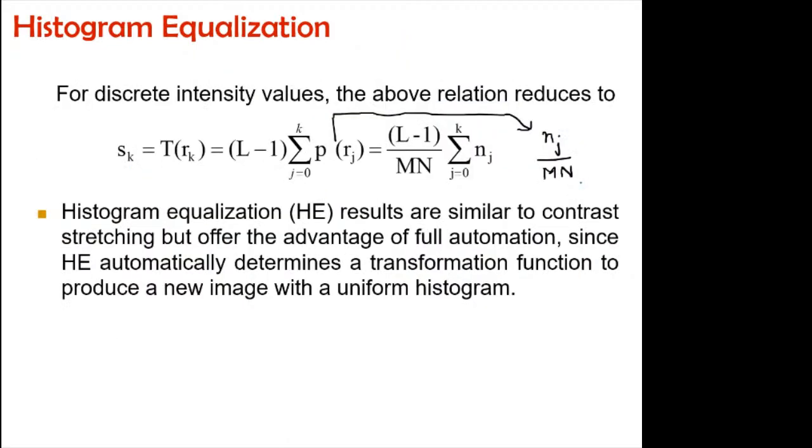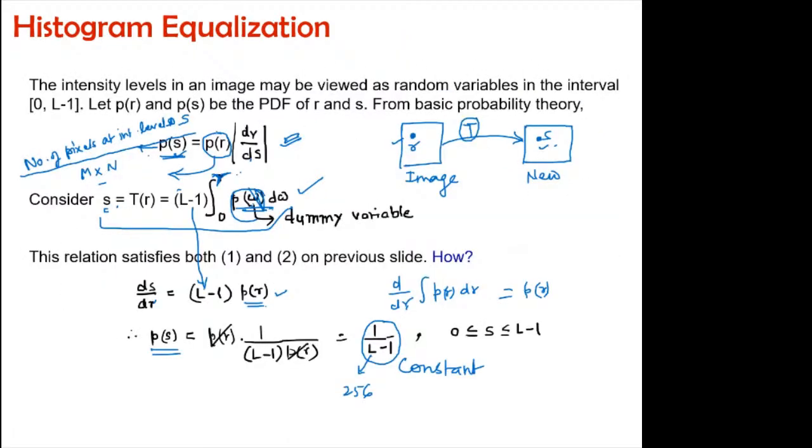This holds when your s and r are continuous variables. But in an image, which is a discrete image, the intensity values are discrete, 0 to 255, and the number of pixels is also discrete. However large they are, you can count them. They are not uncountable. They are countable.